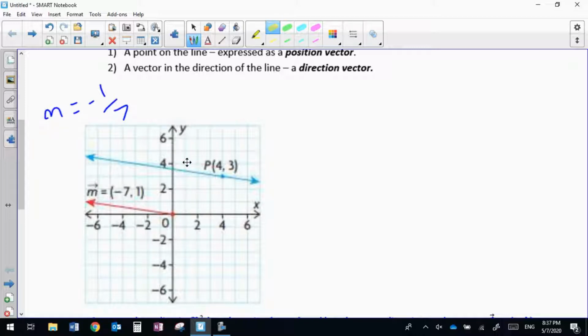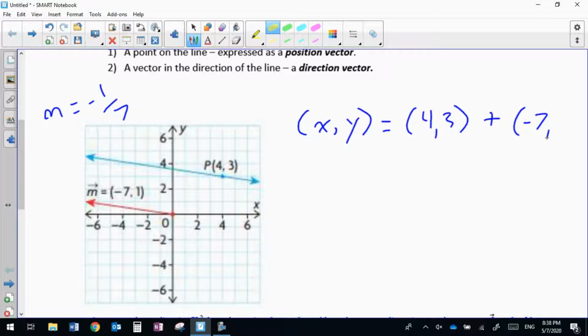So one way of getting points on the blue line, take the point (4, 3) and add the vector m, (-7, 1). If you were to do that, in this case, you would get (-3, 4). So if I add 1m, sure enough, I get to the point (-3, 4), which is right there.